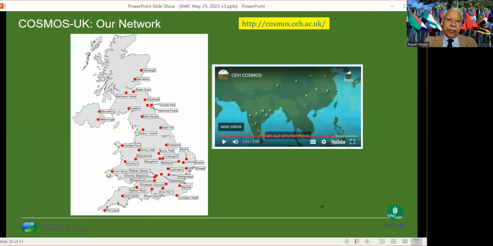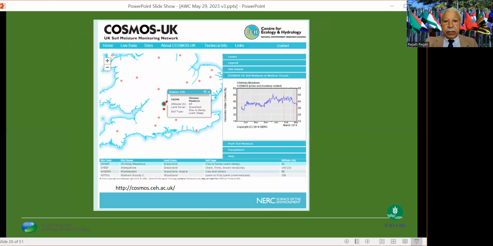All over the UK, we have over 55 stations where we monitor the soil moisture using those COSMOS sensors, and we also have a network in India and in China, and some African countries have now started to use it.